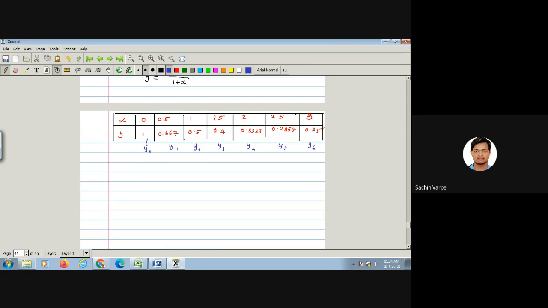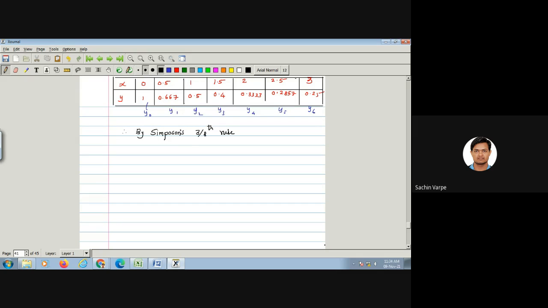So therefore, by Simpson's 3/8 rule, integration from 0 to 3 of 1 upon 1 plus x dx is equal to 3h by 8 into the sum of first and last ordinate y0 plus y6, plus 2 times the ordinates with suffixes multiple of 3, that is y3, since y6 is covered here, plus 3 times the remaining.